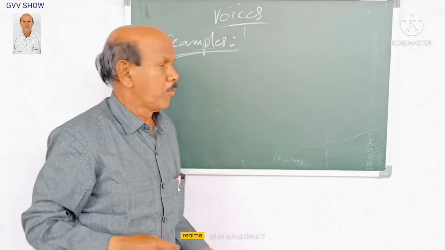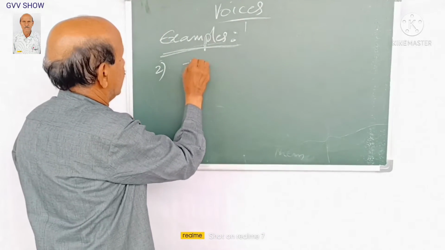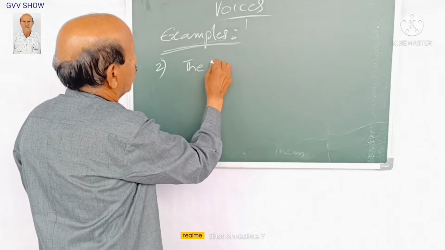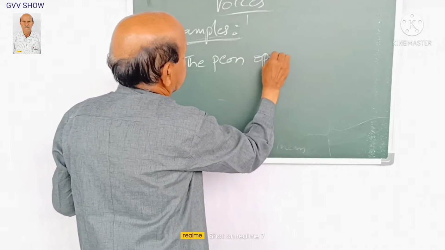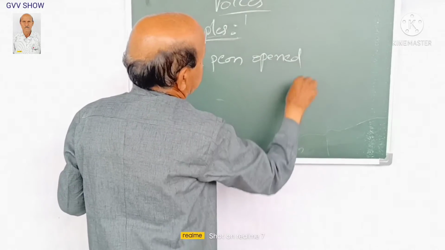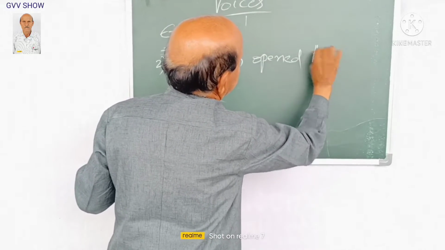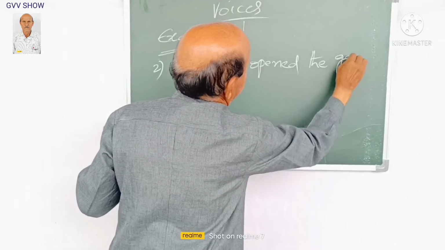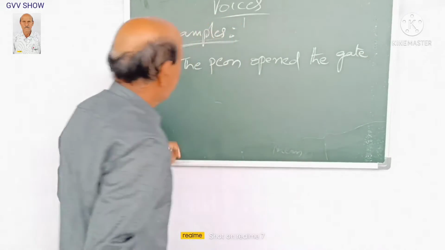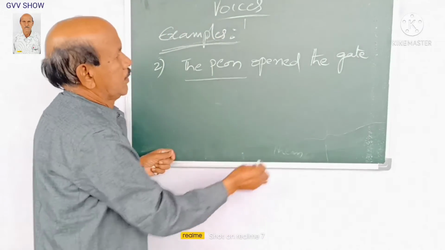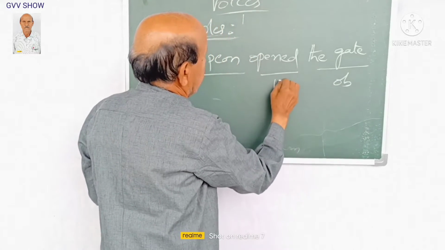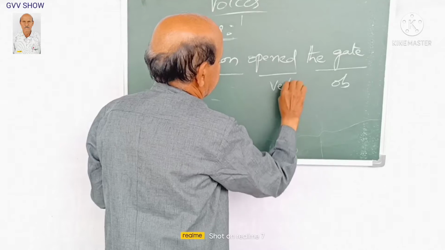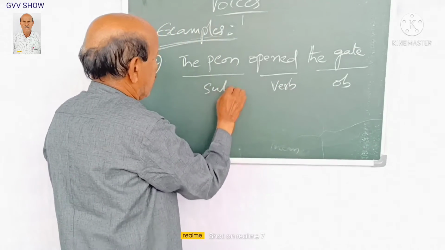Our second example: the peon opened the gate. Here the peon is the subject, the gate is the object, and opened is the verb.